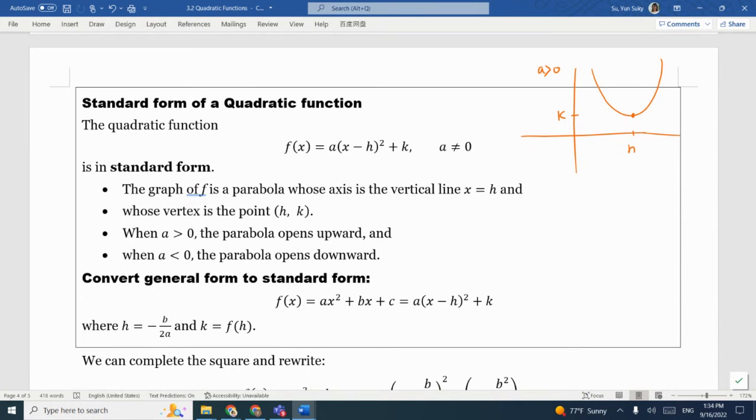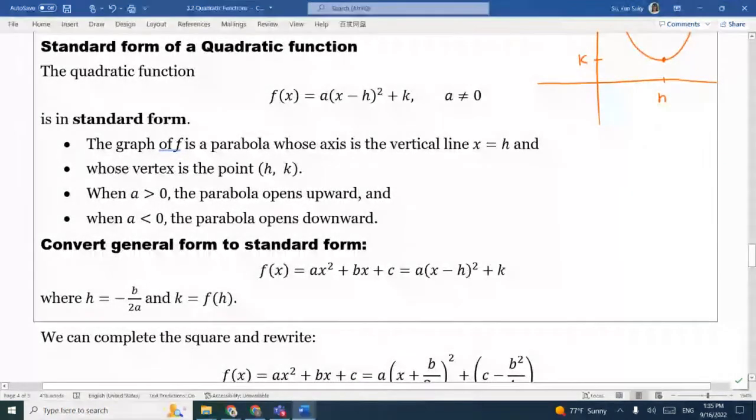But how do we convert from the general form to the standard form? Okay, I'm going to show you the proof. Let's compare the coefficients. Okay, look at this. So let's multiply it out.